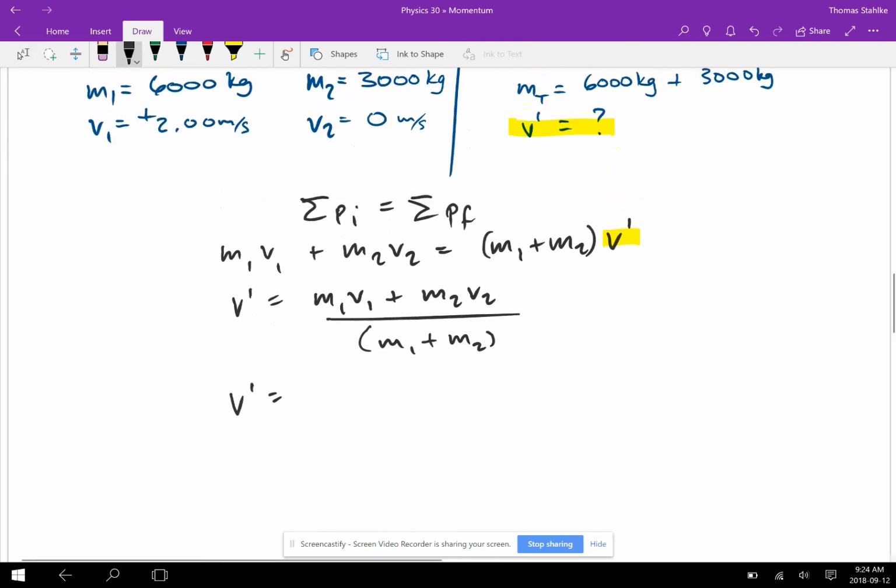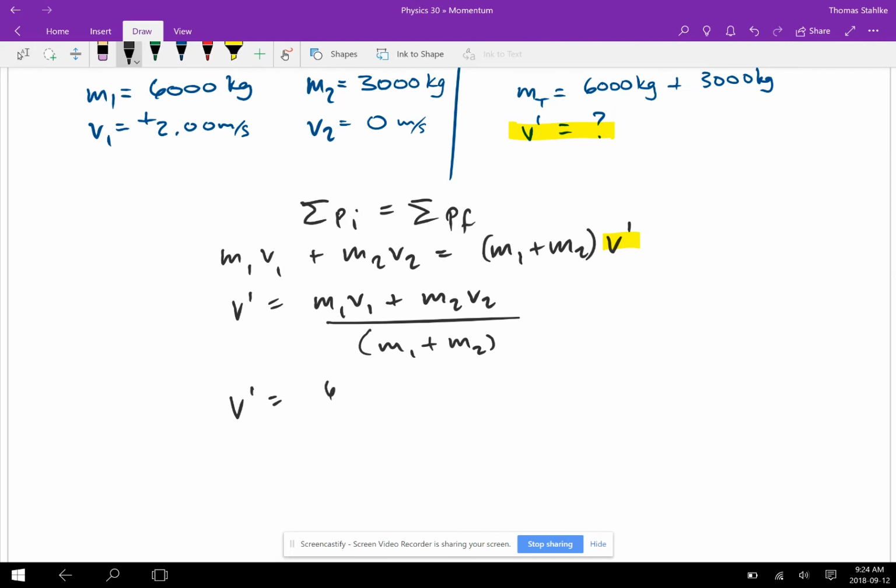Okay, now let's put in these values here. So mass 1 is 6,000 kilograms times the velocity of positive 2 meters per second. And mass 2 is 3,000 kilograms, but it's at rest.